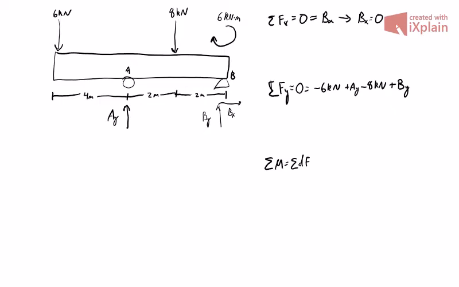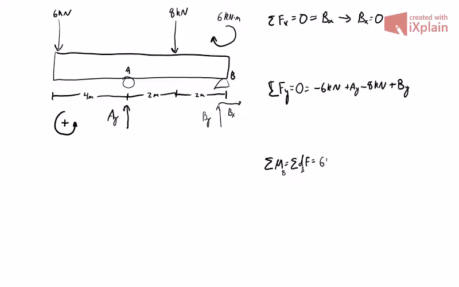So then when we do our sum of the moment equations, let's define counterclockwise as the positive direction of rotation. We're going to sum the moments around point B. So our 6 kilonewton force is 8 meters to the left of point B, and it would cause a counterclockwise rotation.